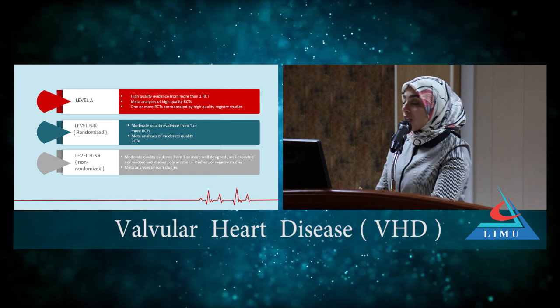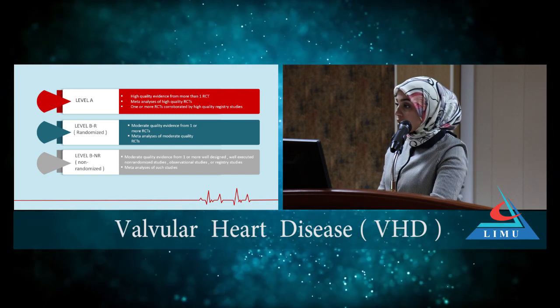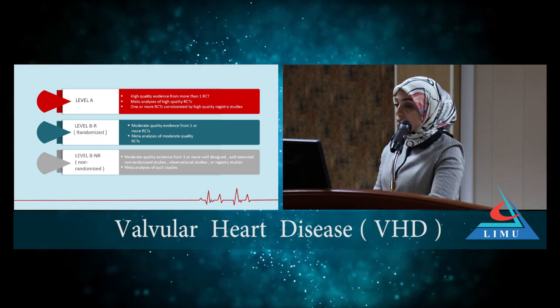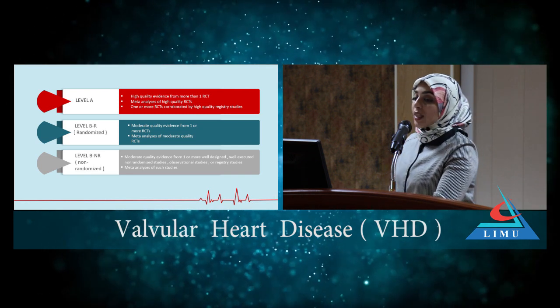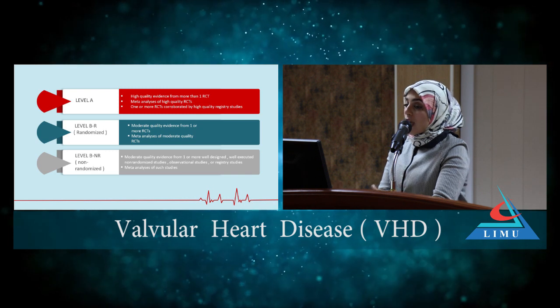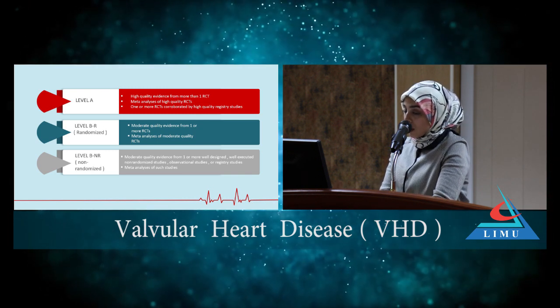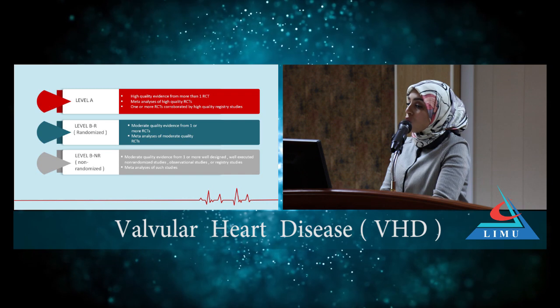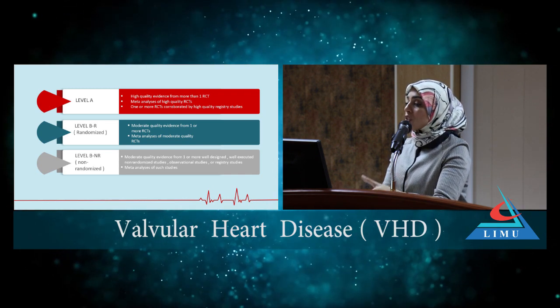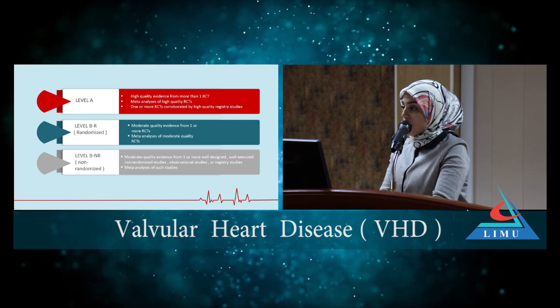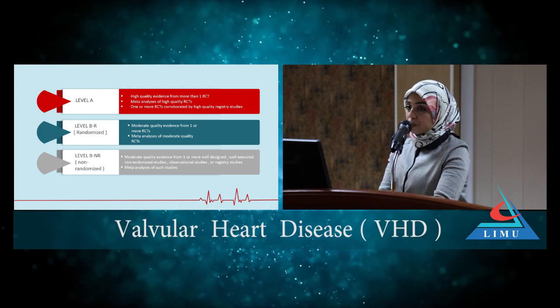While level B randomized is moderate quality evidence acquired from one or more RCTs, or meta-analysis of moderate quality RCTs. While level B non-randomized is moderate quality evidence acquired from one or more well-designed non-randomized studies, or meta-analysis of those well-executed non-randomized studies.